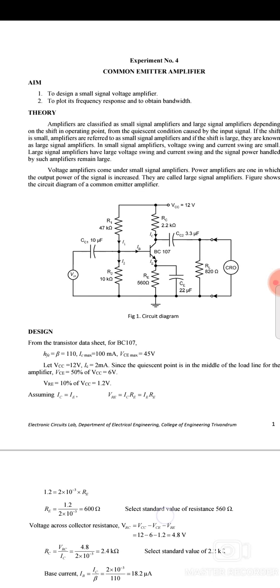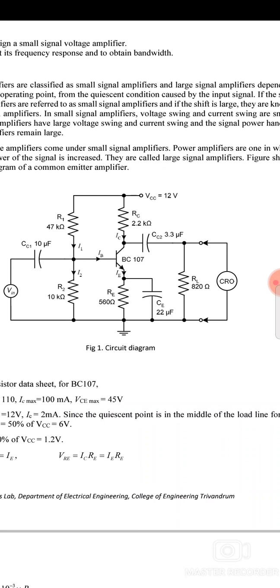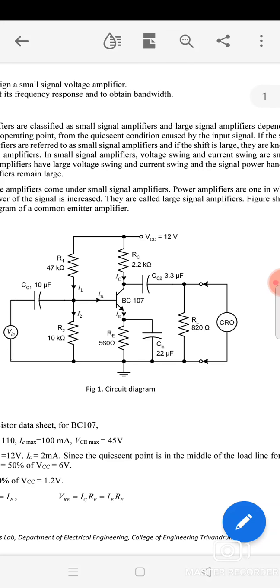In this diagram we have the ranges of the different component values. The base terminal capacitor C1 is 10 microfarad; that much range you must take. Similarly you have to take C2 3.3 and CE 22 microfarad. That range is considered at that particular place of the capacitor in the amplifier circuit. You will get those responses only.